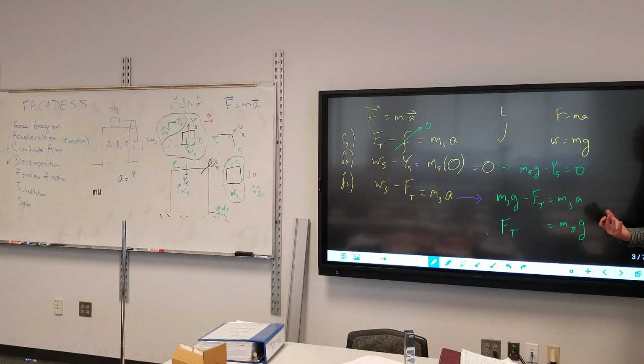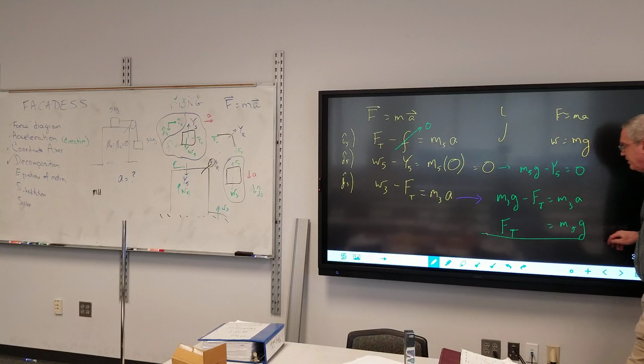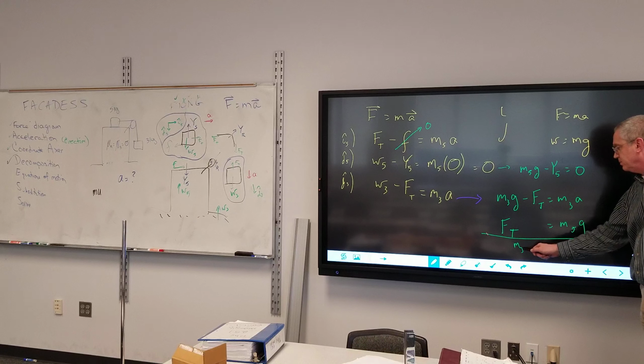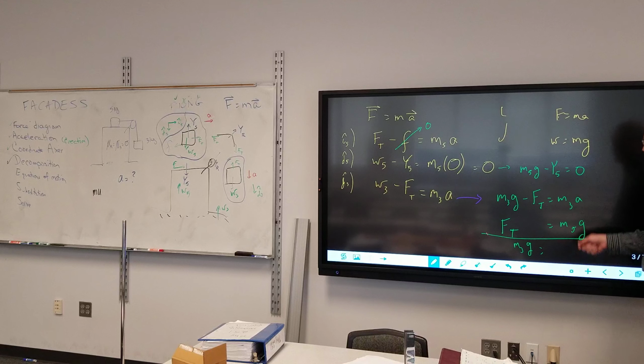Now, however you want to solve it, at this point I just add them because I have a negative tension and a positive tension. If I add the left-hand sides, the tensions cancel out. I'm left with M3G. Right-hand sides, I have M3A plus M5A.